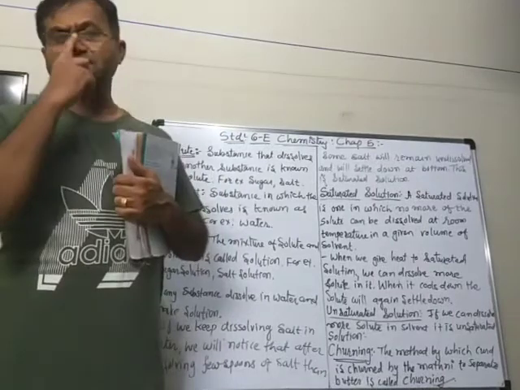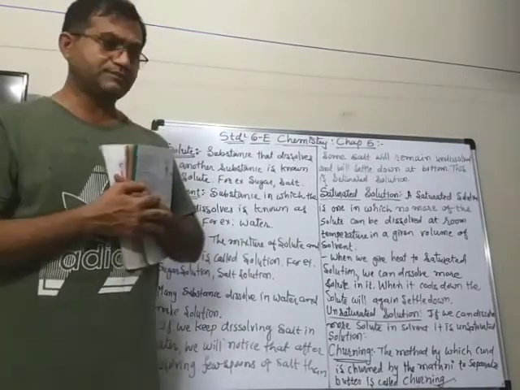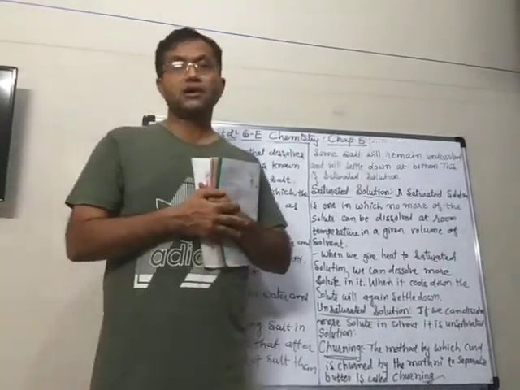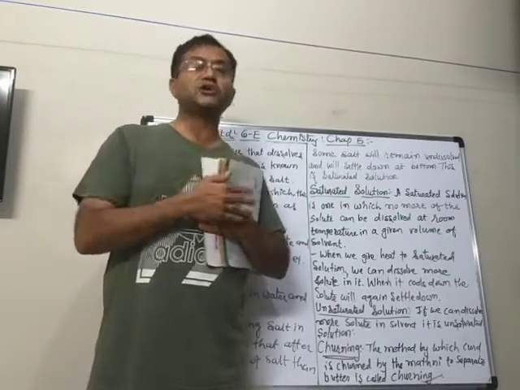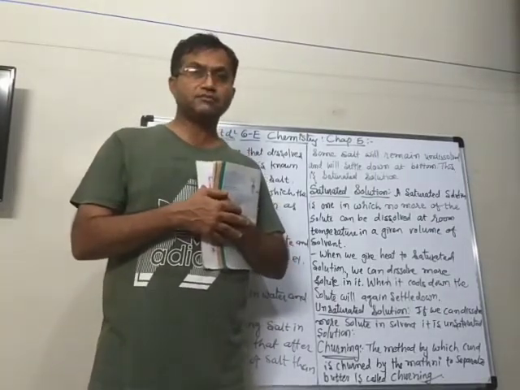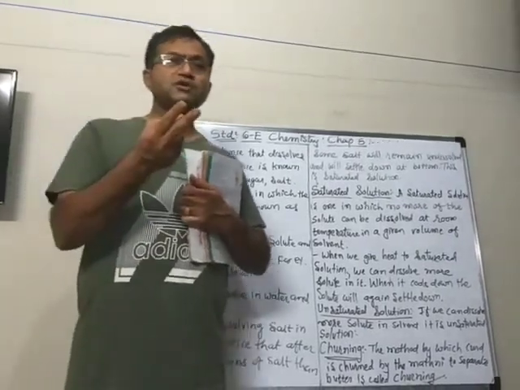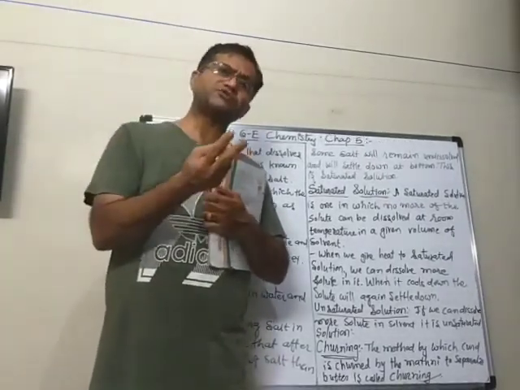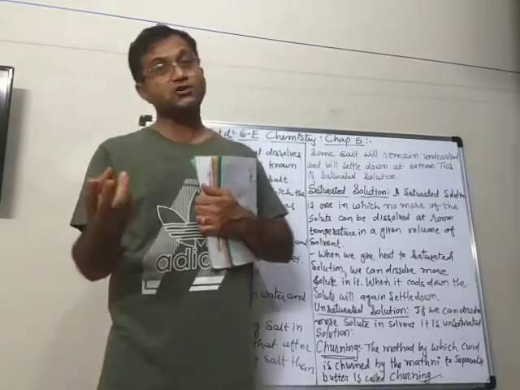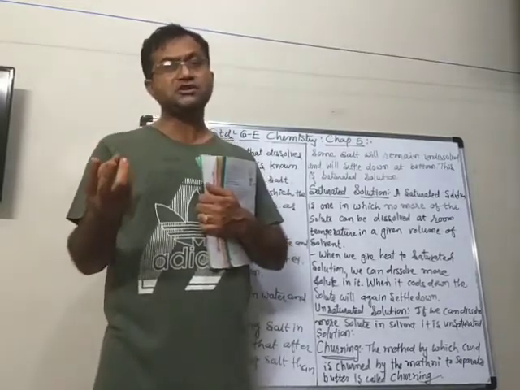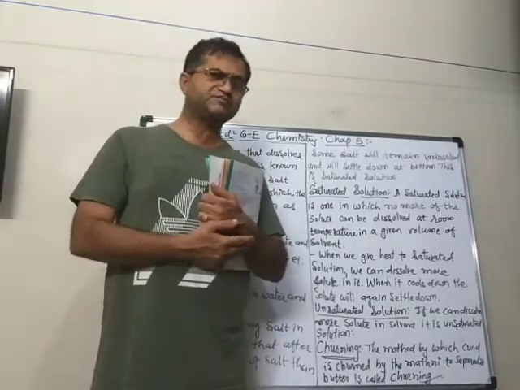Now it is not that all solutes will dissolve in the same quantity. It will differ. Means if you can dissolve 3 teaspoons of sugar, then salt will not necessarily dissolve 3 teaspoons. It is not necessary.